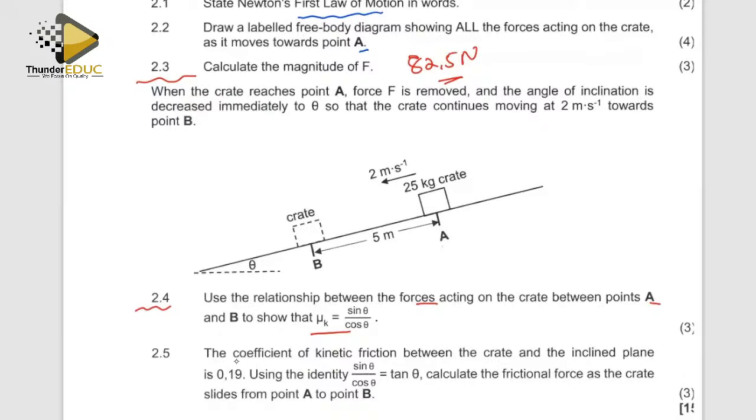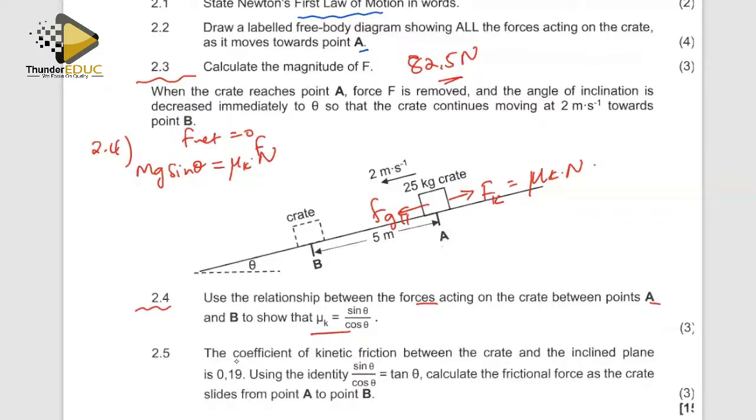Now, if the force F is removed, we are only left with the frictional force and the Fg parallel that will be acting downwards. So we can still say that F net is equal to 0 because it's still moving at the same speed, and then Fg parallel is mg sine of theta, which is equivalent to the frictional force, given as mu k multiplied by the normal force, Fn.